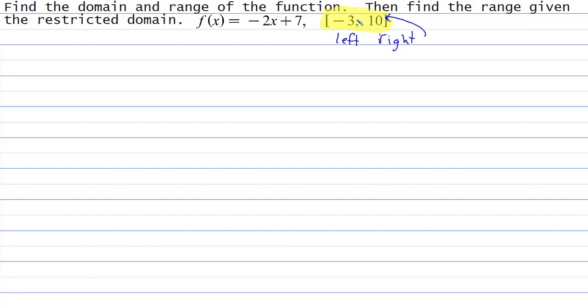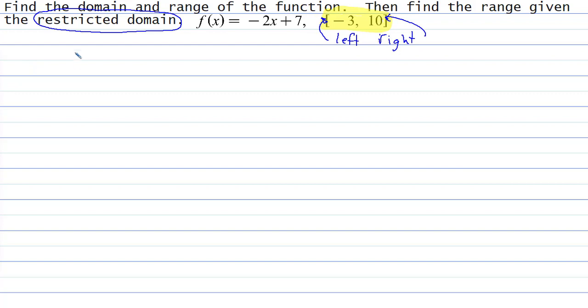These mean we can actually be at those points. And that's only going to apply when it's asking us for the restriction. So when it's with the restricted domain, we'll use what I highlighted in yellow. To just find it for the function, we'll start there.